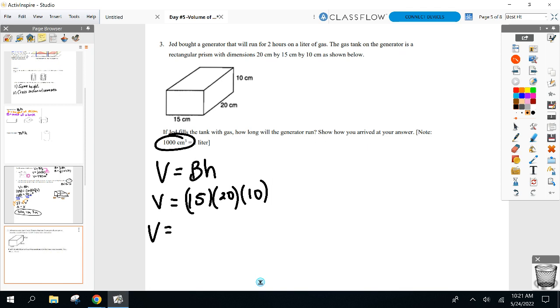What do we end up with here? What's Jeb's? 15 times 20 times 10. 3,000 cubic centimeters.